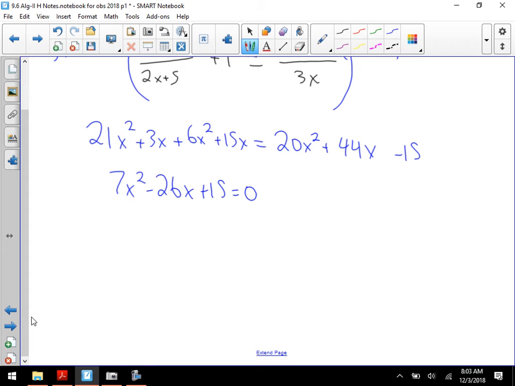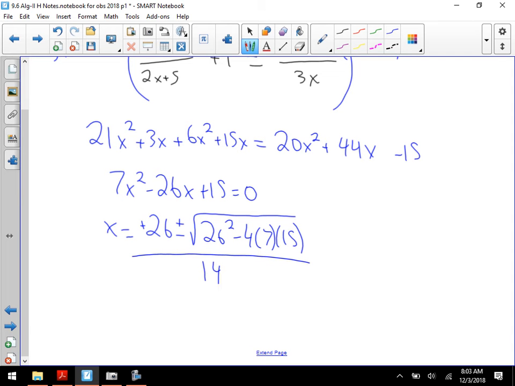When I do x equals negative b plus or minus the square root of b squared minus 4ac all over 2a, I'll get my zeros that way. Just using quadratic on that one.